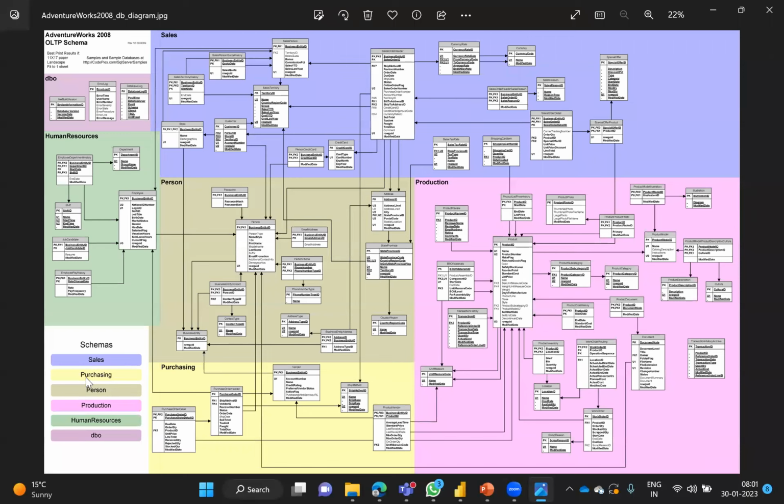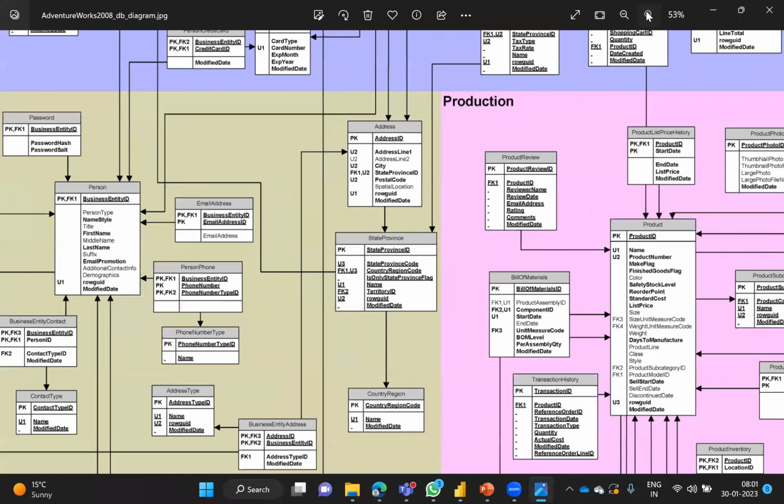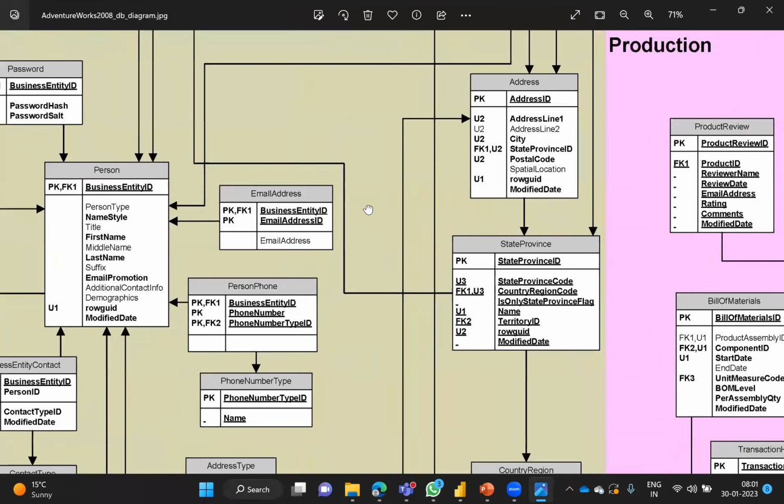Sales, purchases, person, production, human resources. These are subject areas, but you can see they are again subdivided, and all of the different OLTP tables are available here. These will be created before the database is created.